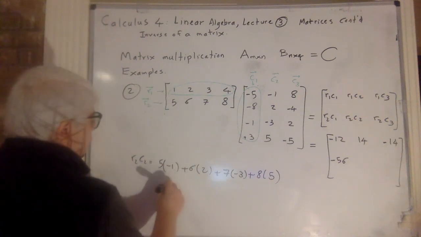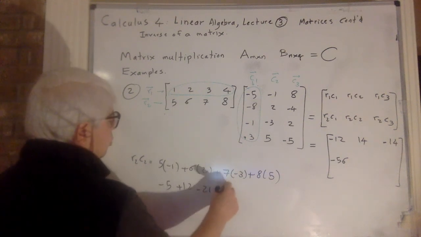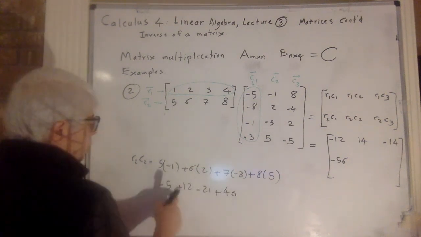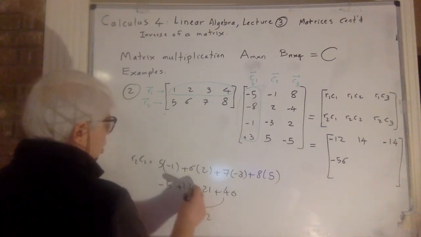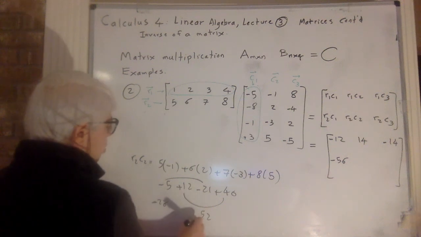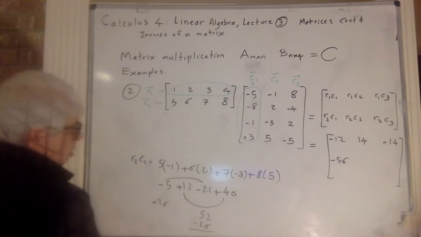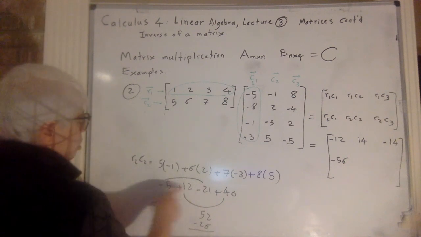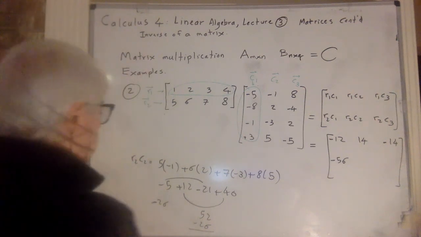So that's minus 5 plus 12 minus 21 plus 40. 40 and 12 gives me 52, and this one gives me minus 26. That's 26, right? So minus 26, that is 42. There's 52, so minus 26.